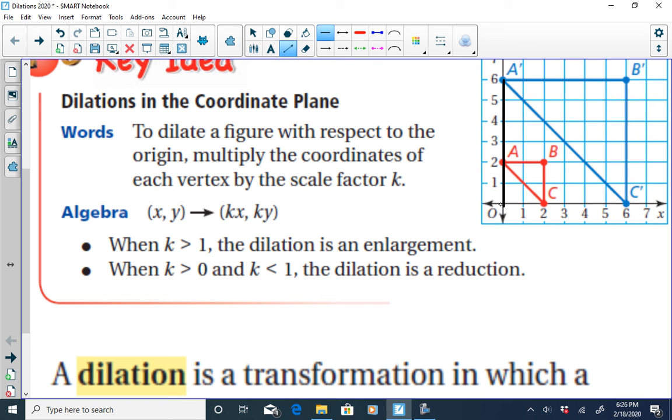So I have this segment from the origin passing through A and A prime, right? If I take that same segment and extend it, it goes through B and B prime. Take that same segment from the origin and I extend it, goes through C and C prime.